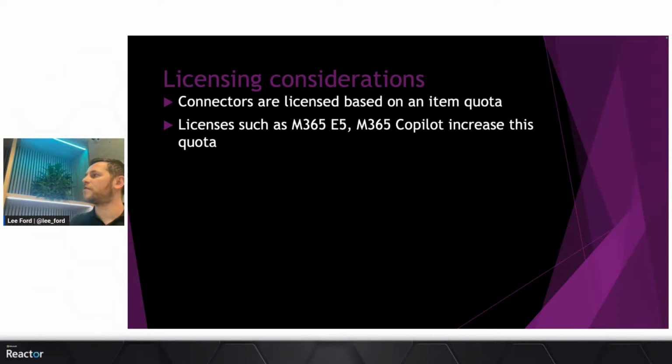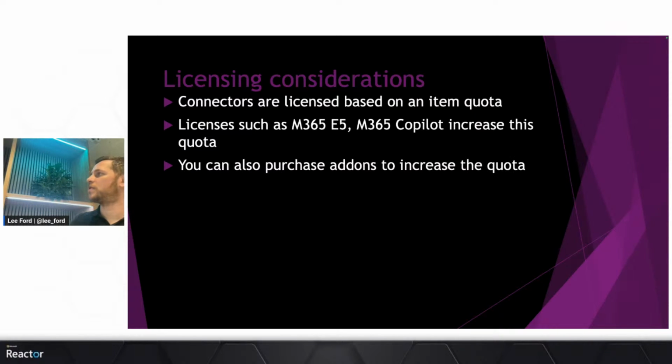But if you did need 5 million items, you can also purchase them. I think for each M365 Copilot license and E5 license, you get 500 items. But if you think, actually, we've got quite a few users, but we need millions of items to be able to index, then you can buy add-ons to the Graph connector.